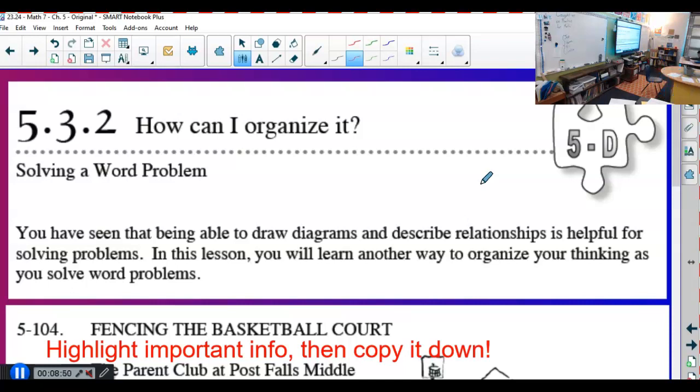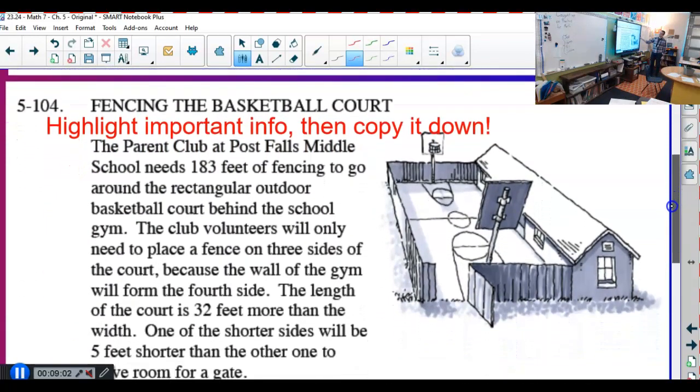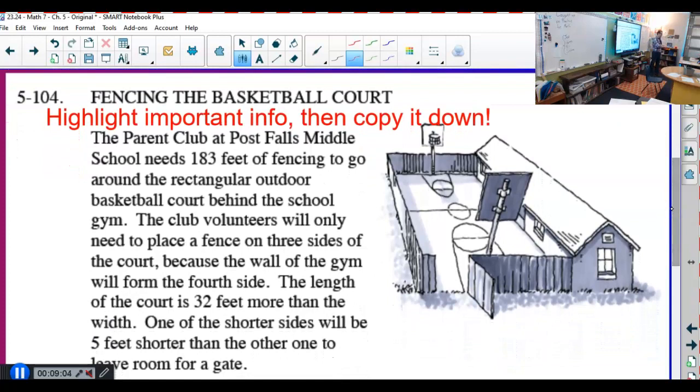I removed all of this because I gave you a separate handout. So we're going to check this out first and then start writing information on your graph paper. And then I have a handout for you. On your 5.3.2 it says the 5D process is... we'll fill that in a minute.